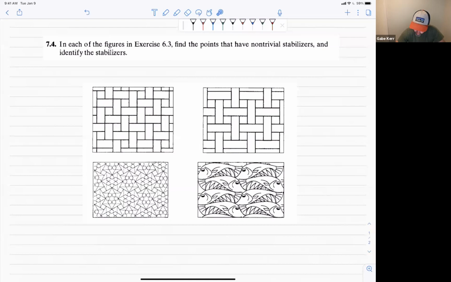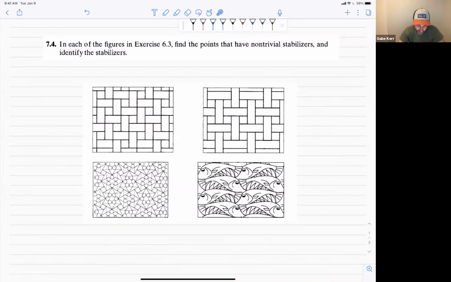I think it's a great exercise, but as far as how to write it down and answer it, I'm a little concerned that I don't want you guys to have to redraw these figures and mark them. Maybe you can choose one of them, and I'll give you full credit.